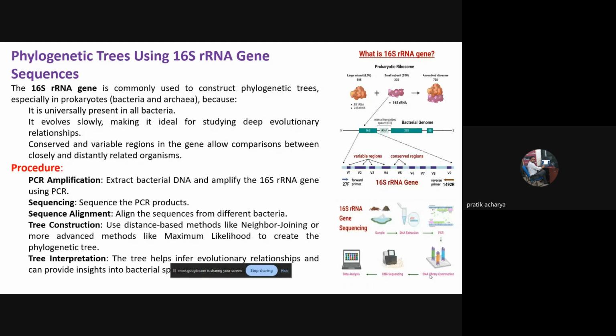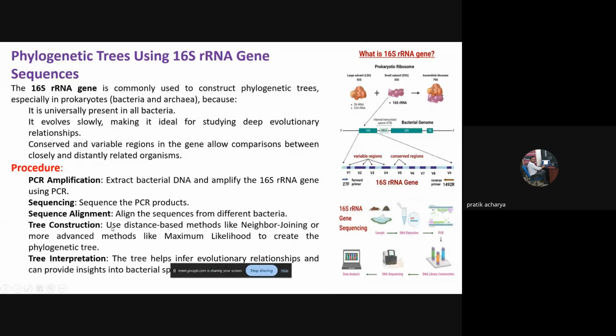These are the procedures already mentioned here. PCR amplification: extract bacterial DNA and amplify the 16S rRNA gene using PCR. Sequencing: sequence the PCR product. Sequence alignment: align the sequences from different bacteria. That means we have to arrange them.